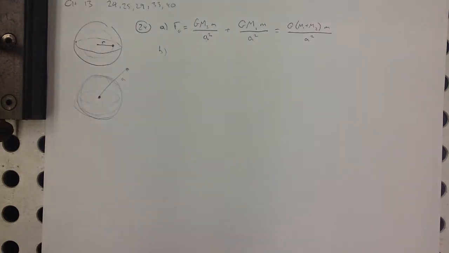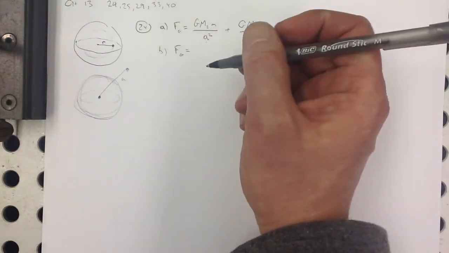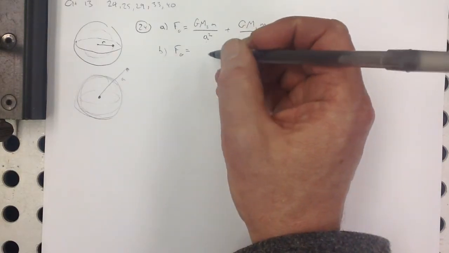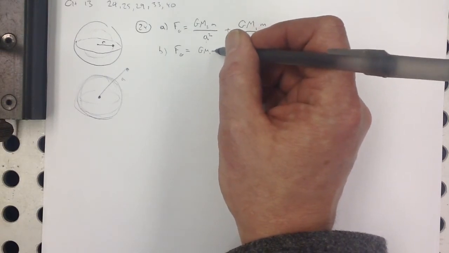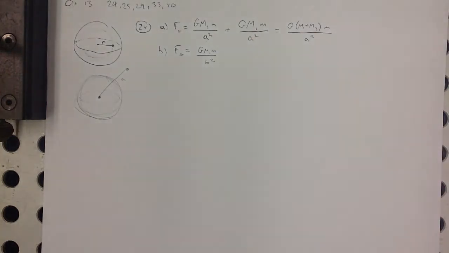So for part B, the particle is in between the two shells. So that means it feels no effect from the outside shell, M2. It only feels gravitational force attraction to the inner shell. So that's G m1 m over, and that's at a distance of b. So it's only that one.